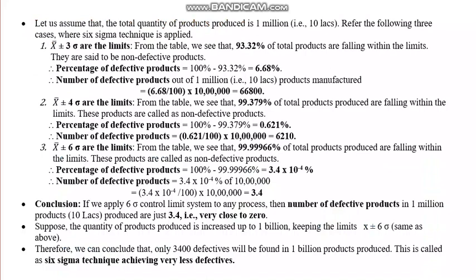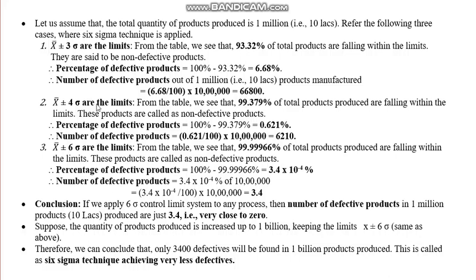The same thing we have shown here in text form as earlier in the table. Let us assume that the total quantity of products produced is 10 lakhs or 1 million. In plus or minus 3 sigma limits, 93.32% are accepted products and the rejected is 6.68%, which works out to 66,800 in 10 lakhs.